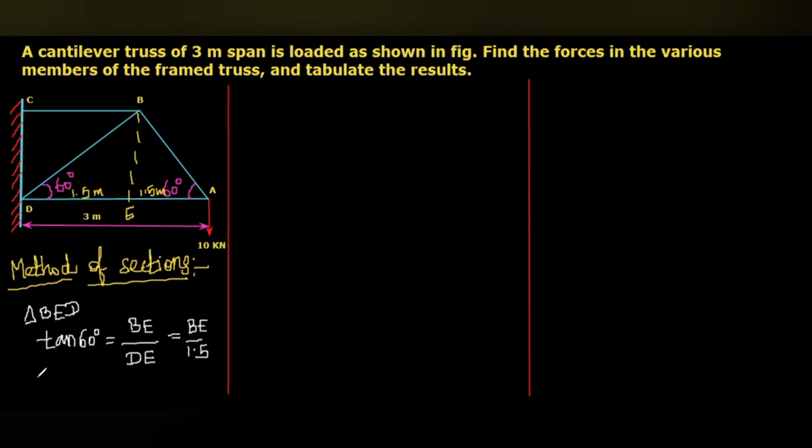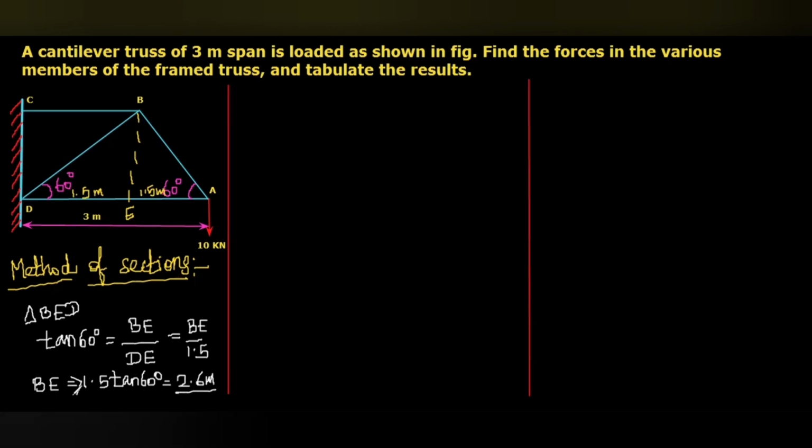So the vertical distance BE equals 1.5 tan 60 degree. If you substitute the value of tan 60, then we will get 2.6 meters.